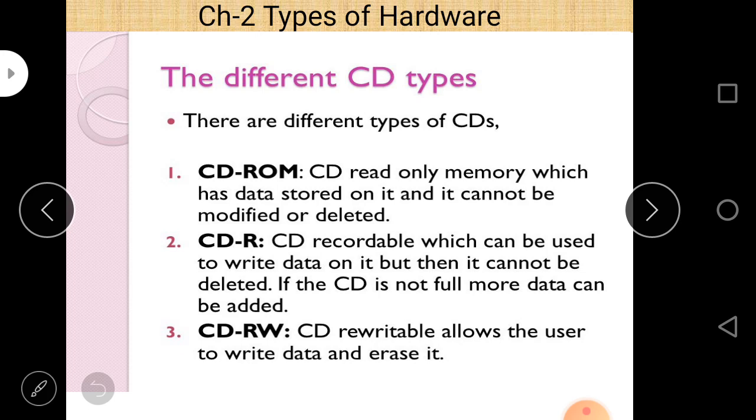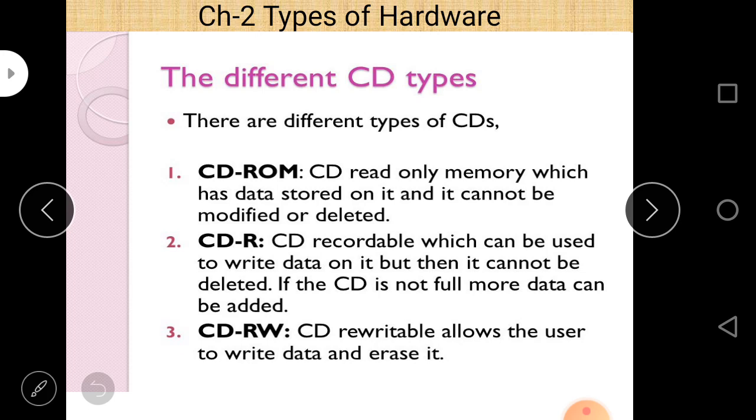CD recordable can be used to write data on it, but the data cannot be deleted. If the CD is not full, more data can be added. So data can also be added to a CD recordable if it is not full.